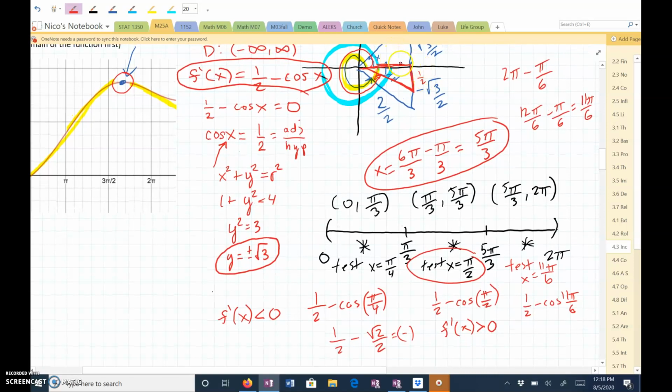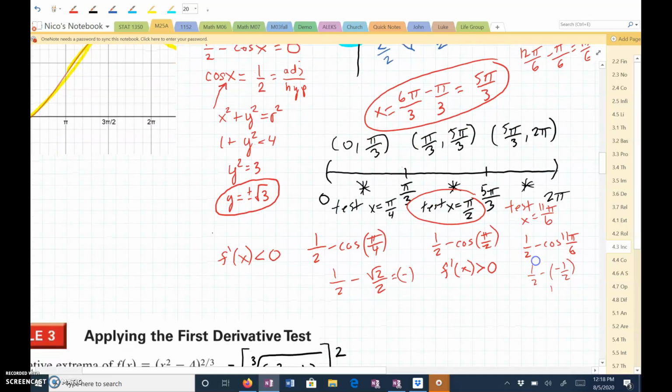So that would be 1/2, negative 1/2. This would be square root of 3 over 2. So, let's see. We know that cosine of that angle would be opposite over adjacent, so negative 1/2. So this would be 1/2 minus negative 1/2, which would be positive 1. So this one would be f prime of x is greater than 0.